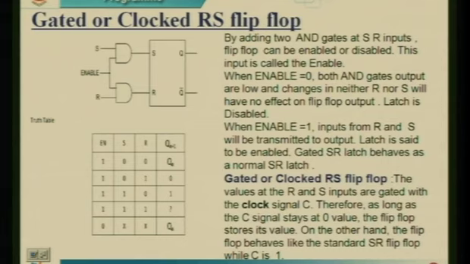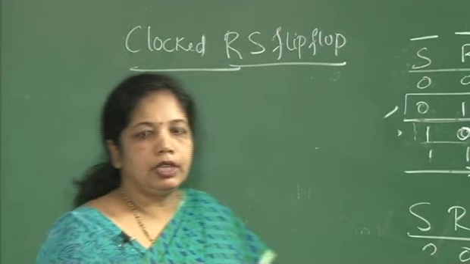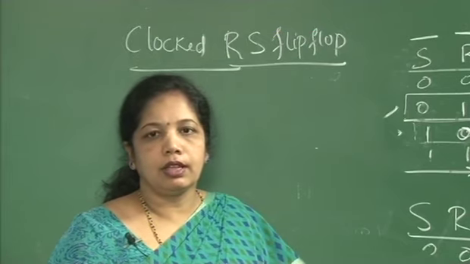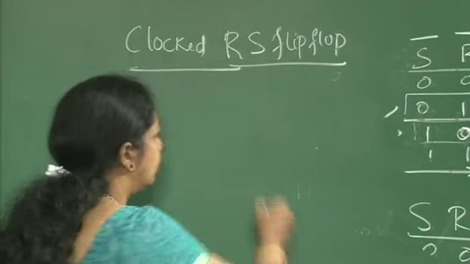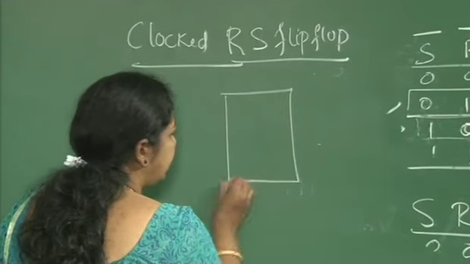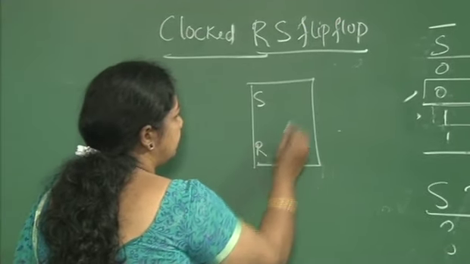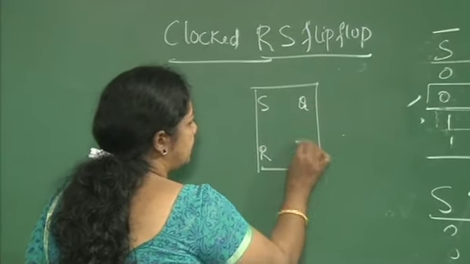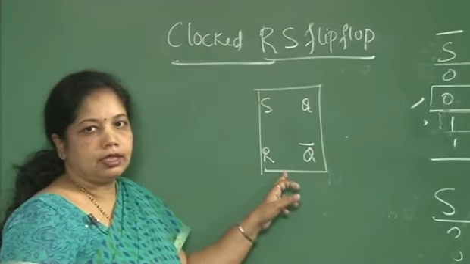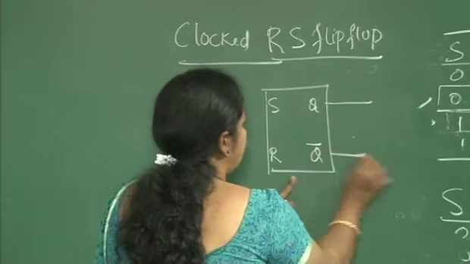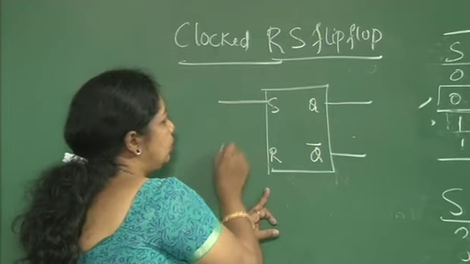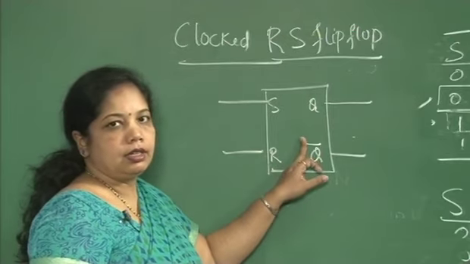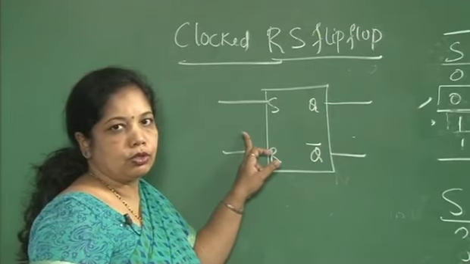As I said, it is clocked. For a flip-flop, we give an additional input, that is the clock, other than the normal input. So the block diagram of an SR flip-flop or SR latch is written like this, where we have two inputs and two outputs. To this, additional gates will be used.